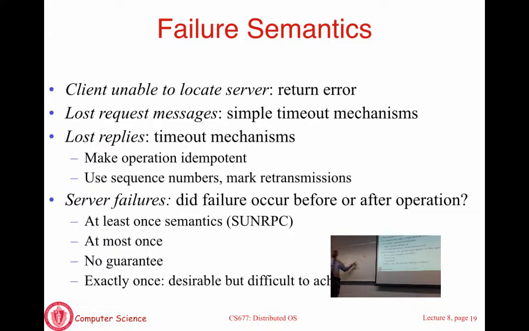One simple approach may be that you assign a unique ID to each request, and you keep track at the server of what calls you have executed. You may have a window or a buffer. If the call comes back, you first check whether you already executed this transaction or RPC call. If so, you do not re-execute it, but you keep a reply cache of the outcome and you simply resend the reply.